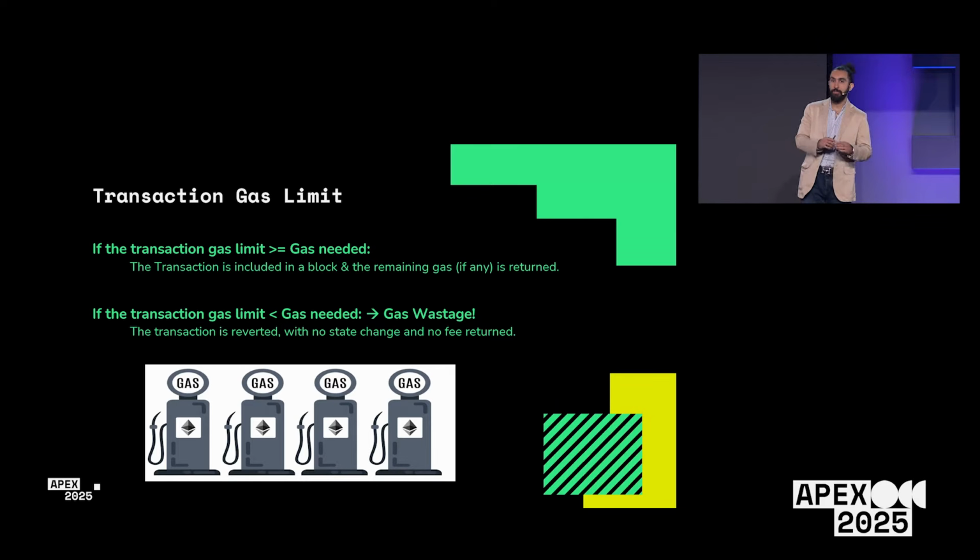Because operations and transactions in Ethereum are atomic, it means that either all the operations have to happen or none of them have to happen. And that means once it goes out of gas, all the operations up until that point will be reverted, and as a result, there will be no state change. So in other words, you pay for the gas fees, and nothing happens. And that's why we call this gas wastage.